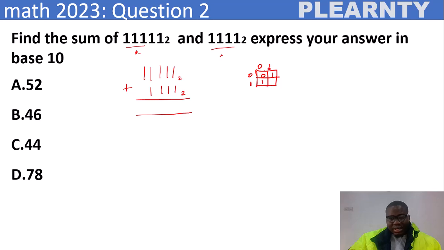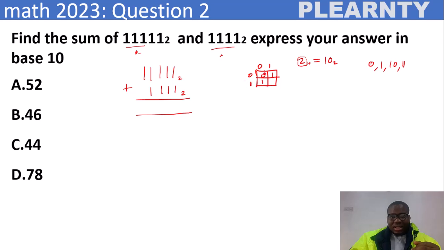When we add 1 and 1 together, it will give us 2. But that 2 is 2 in base 10. It's the same as 10 in base 2 because we only have 0 and 1 in base 2. You don't have this number 2 in base 2. So the next thing after 0, 1 is 10, 11, and so on.